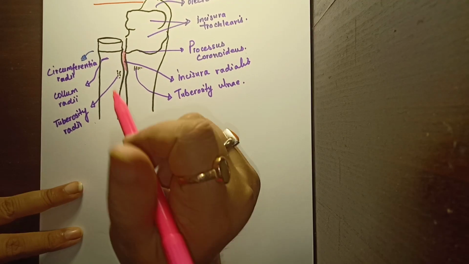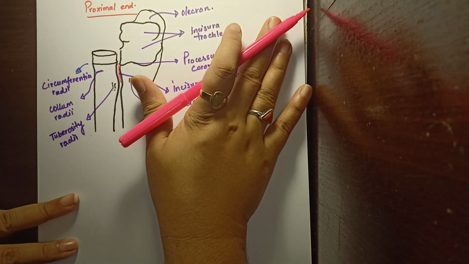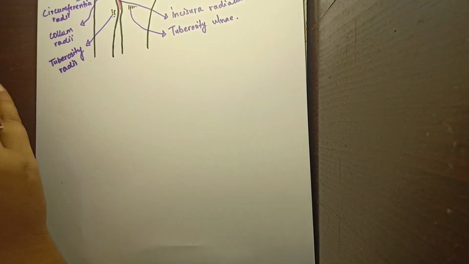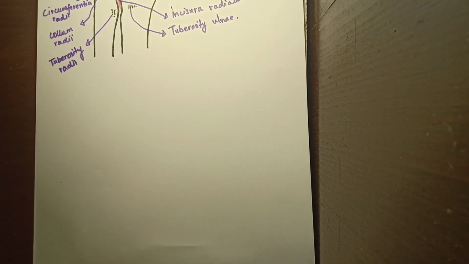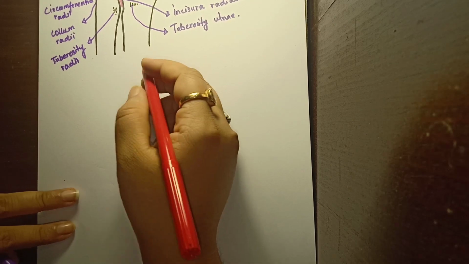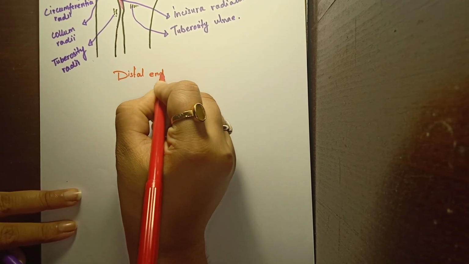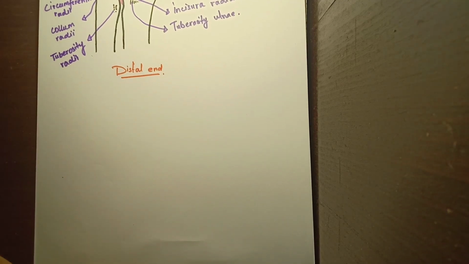Okay, so this is the proximal part of the radius and ulna. Now we will talk about the distal part. Distal end.